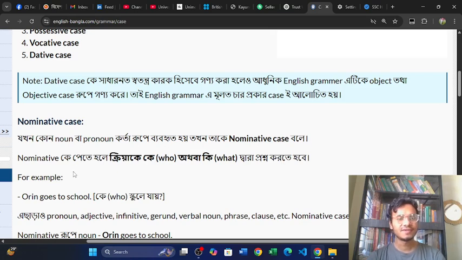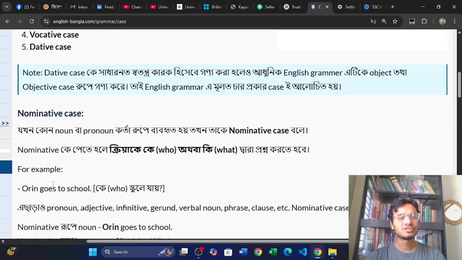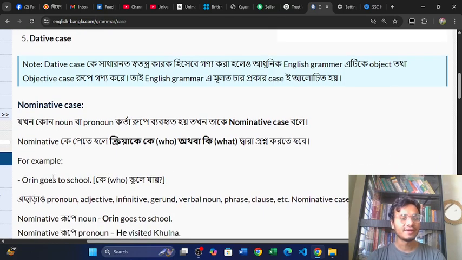In nominative case, whenever we ask a question of the subject, who or what, if I get the answer, that is the nominative case. For example, Oin goes to school. Who goes to school?